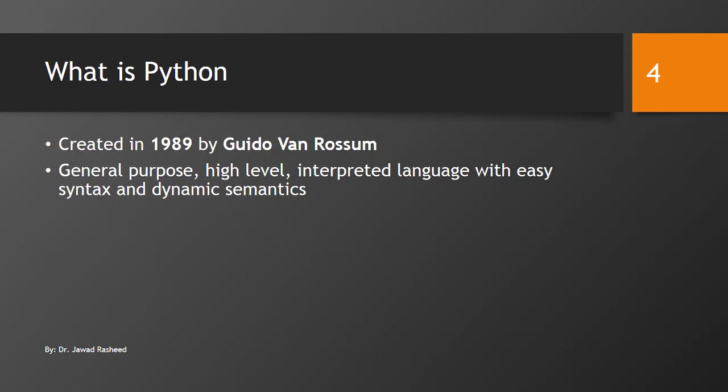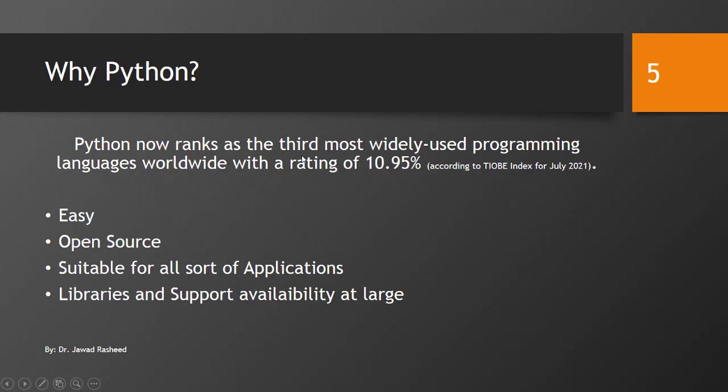So their concern is actually productivity, not time. Now you know what Python is. We should move on and see why Python is so popular. Actually, Python is the best language to get started. You can see that it ranks as the third most widely used programming language around the world.